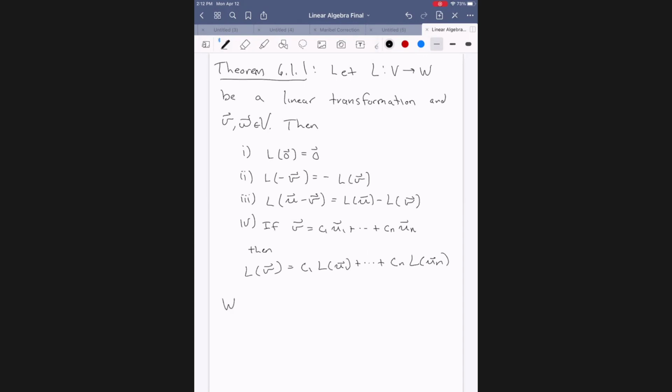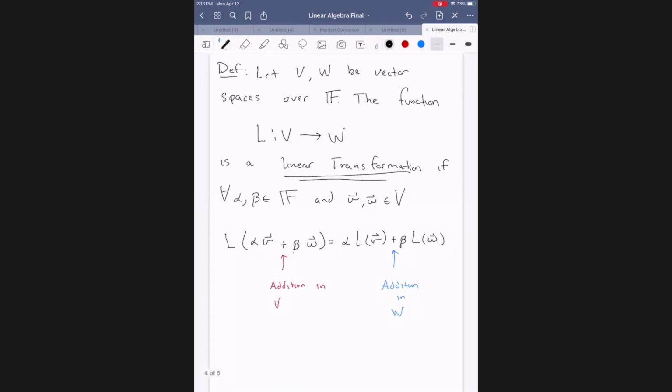So we already know a type of linear transformation, namely matrices. Do matrices satisfy this rule right here? Of course.